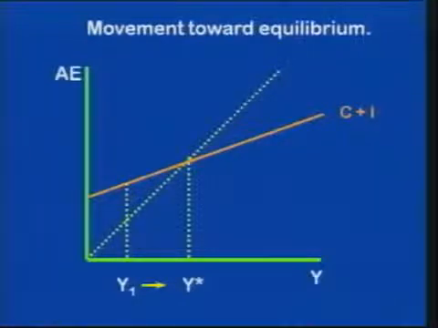Firms are going to ramp up their production because they see their inventories are decreasing, and they're selling more than they're producing on a flow basis, and so they increase their output. They ramp up production. That not only ramps up production, but it ramps up consumption. Because now, with more production, there's more income for everyone, and more people buy things with higher income.